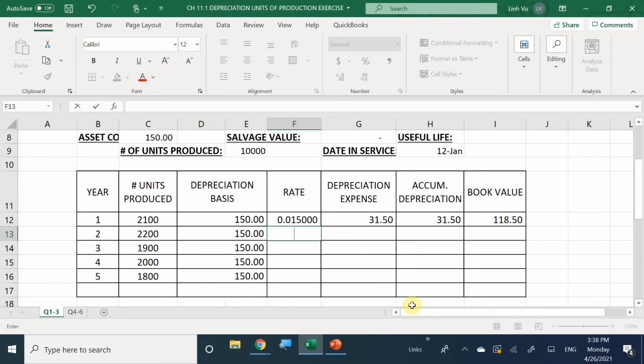Now that's how many it produced that year. What's its total capacity? 10,000. So in this case, it's going to be my depreciation basis divided by my 10,000, the same as above.